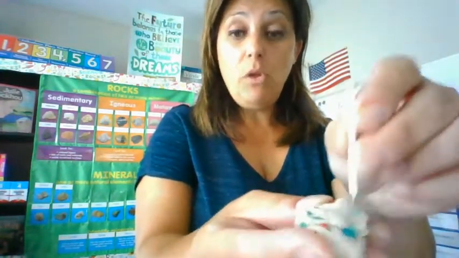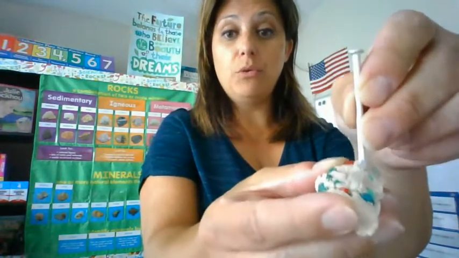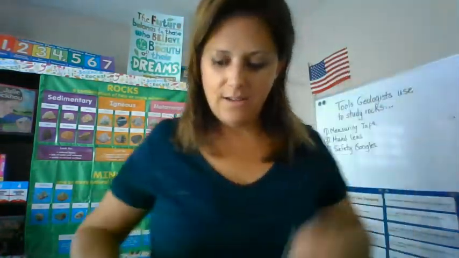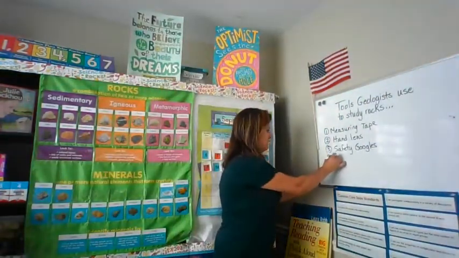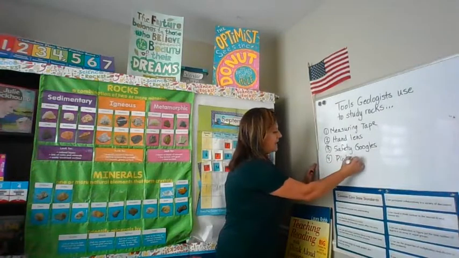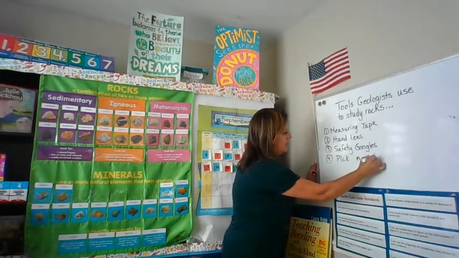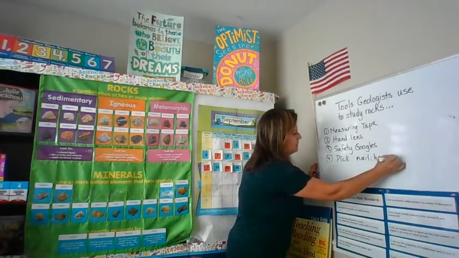But we have that pick that we're going to use to break apart the rock so we can look on the inside and see what all is in there. So we also have what is called a pick. We can also call that a nail, or a hammer.